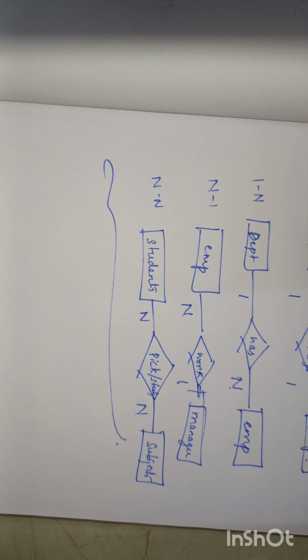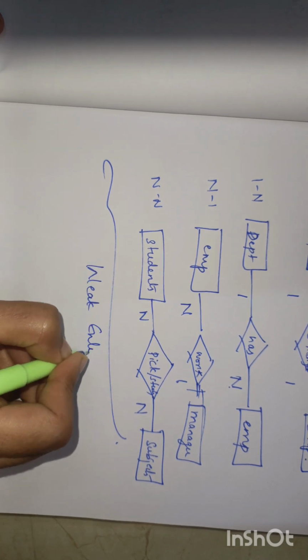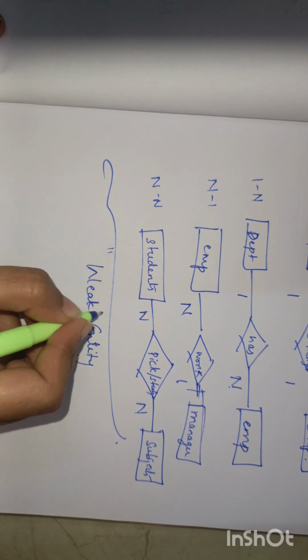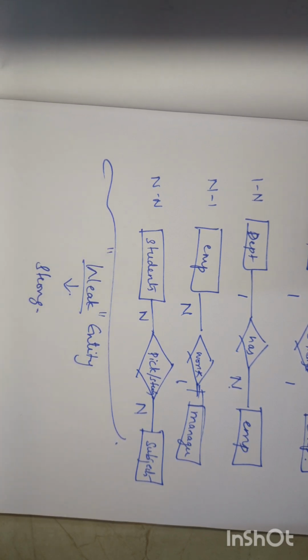Next, we have weak entity. What is a weak entity? It is an entity that cannot be uniquely identified by its own attributes. It requires a stronger entity, or another owner entity. So a weak entity is one that cannot be identified on its own, but requires another strong entity.